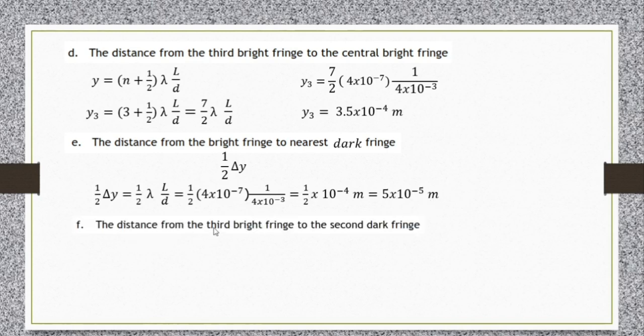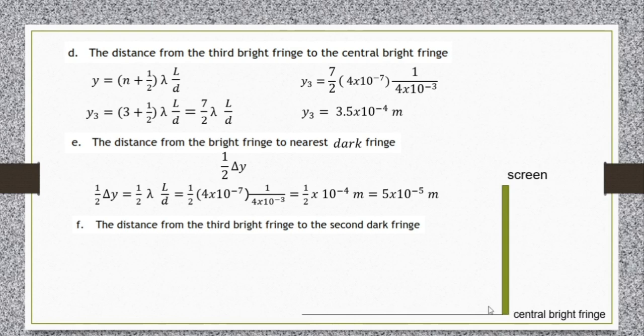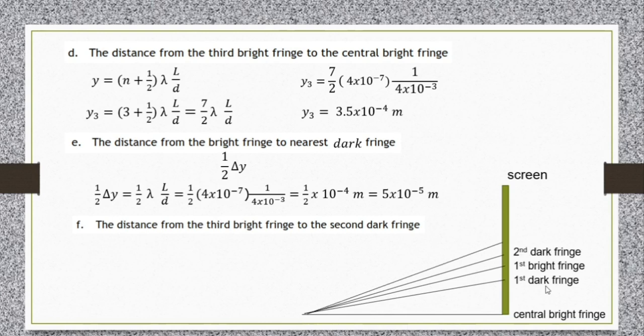And then the distance from the third bright fringe to the second dark fringe. I would like to draw the screen here, and then I have this central bright fringe, and then I have here first dark fringe, first bright fringe, and then the second dark fringe, second bright fringe, third dark fringe, and then third bright fringe. We want to find the distance from this third bright fringe to the second dark fringe here.